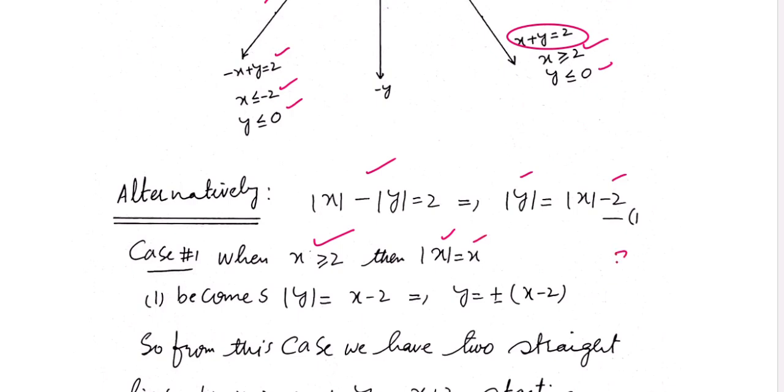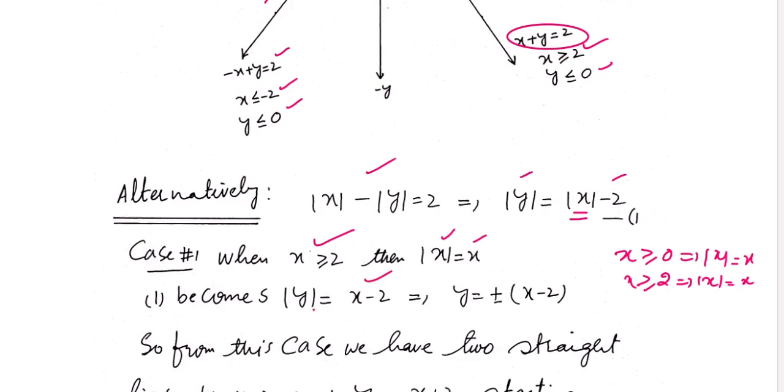You know, when x is greater than or equal to 0, then absolute x is simply equal to plus x. So particularly when x is greater than or equal to 2, then also absolute x will be equal to plus x. So replace absolute x with x. We have absolute y is equal to x minus 2.